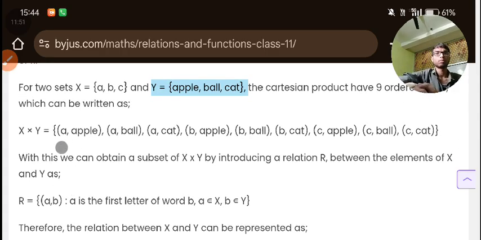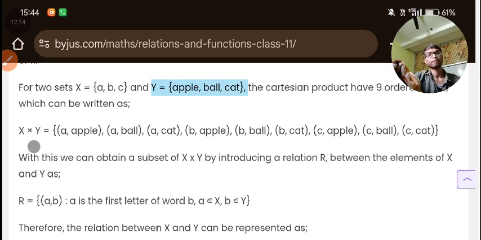Which can be written as x multiplied by y is equal to the Cartesian product of sets. This is how we represent subsets as a Cartesian product.